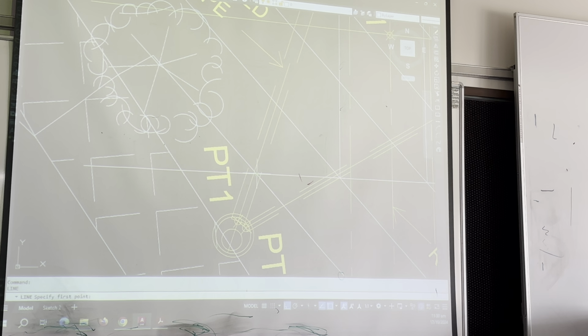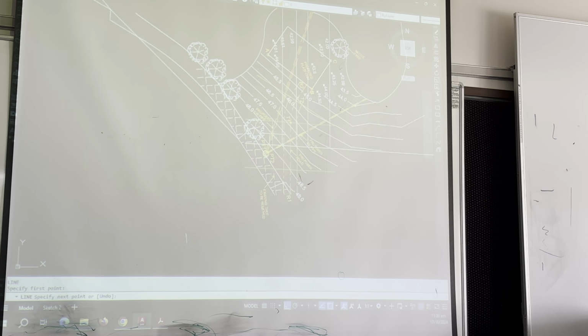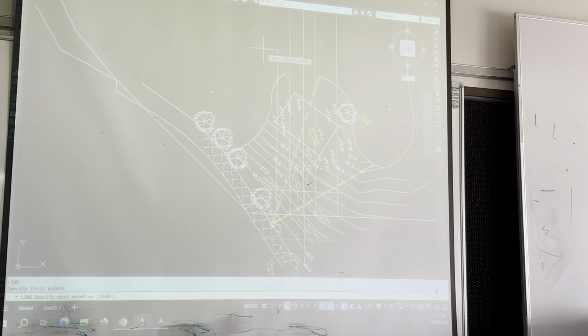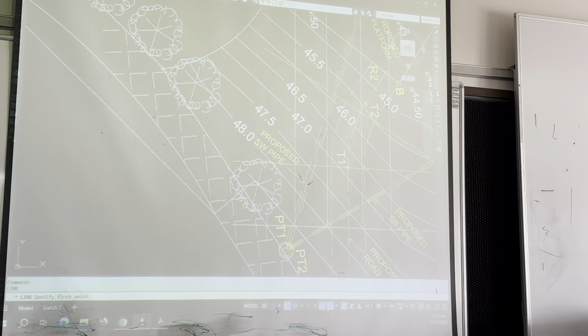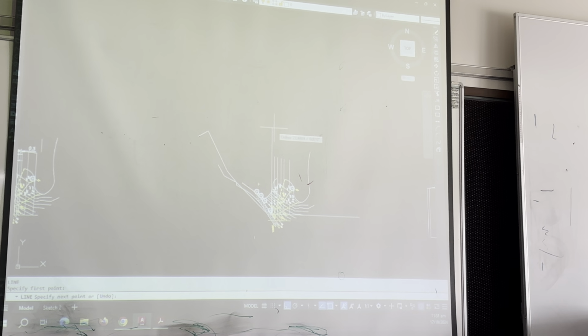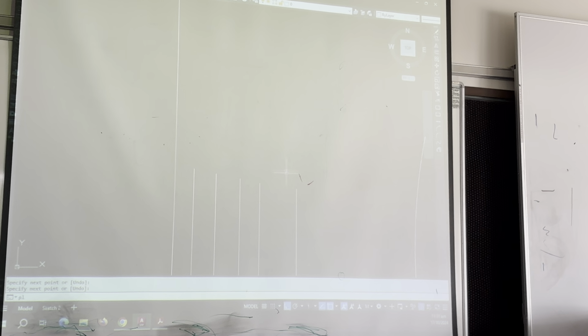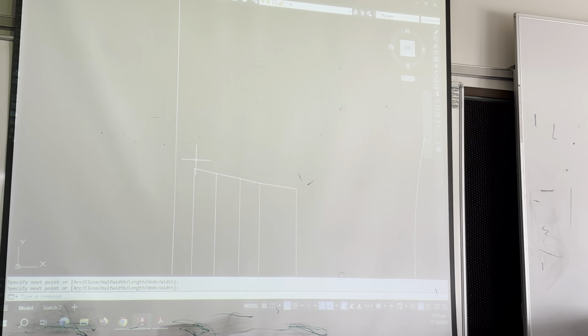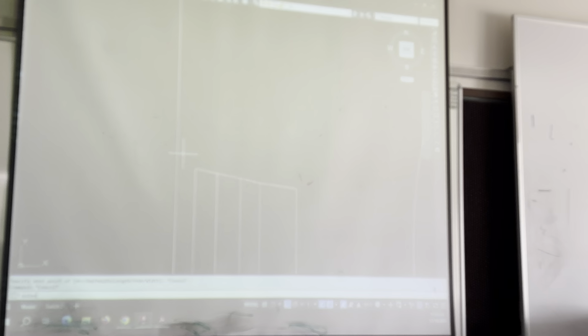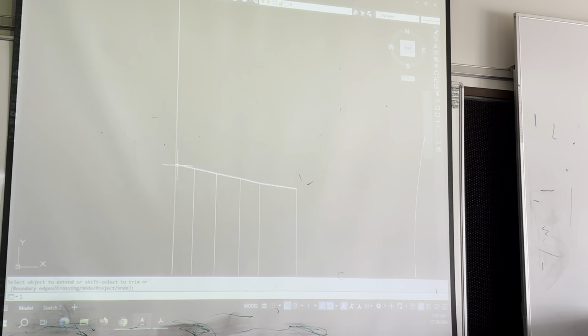A line from here up 48.5. And a line from the edge of the path up to a line from here. Extend that to the edge of the path, and draw it flat from the path. Trim that off.